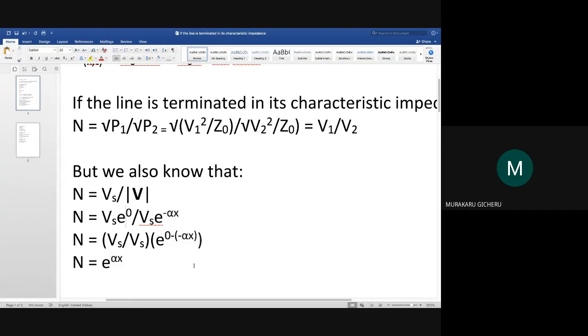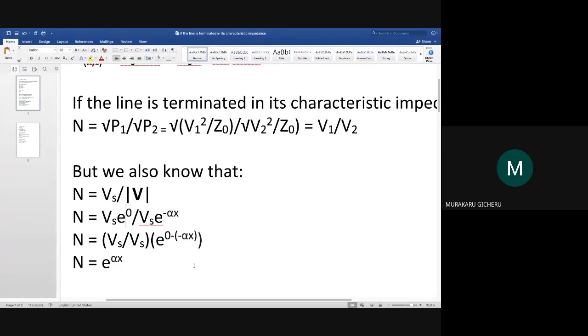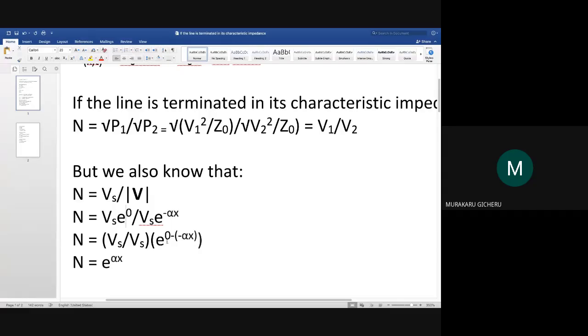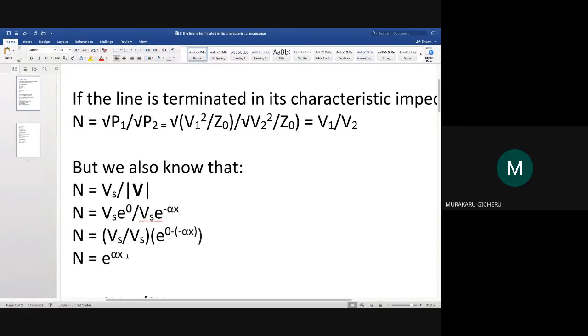And we're taking alpha x because we're only taking the magnitude of the voltage, we're not taking the phase shift. So beta is not going to be included here. We'll only take alpha x. So the attenuation is just equal to e to the power of alpha x.